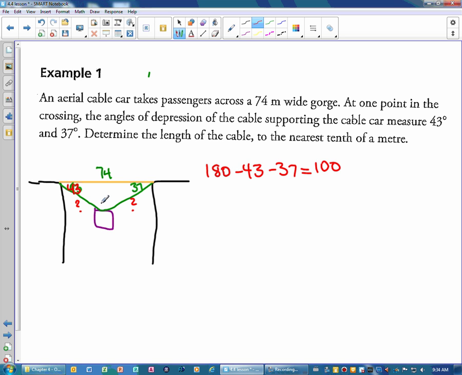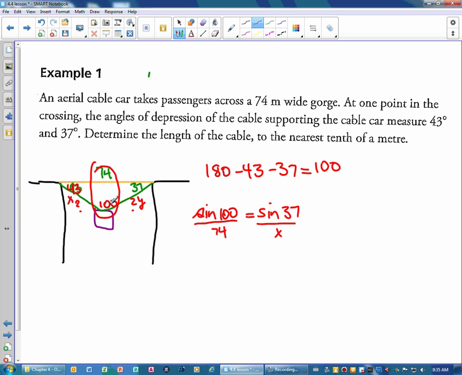And now we have a set, which is nice because now we can use sine law. So let's call this x because we have to call it something, and let's call this y. And we're going to set up our sine law. So we're going to say the sine of 100 over 74 equals the sine of 37 over x.